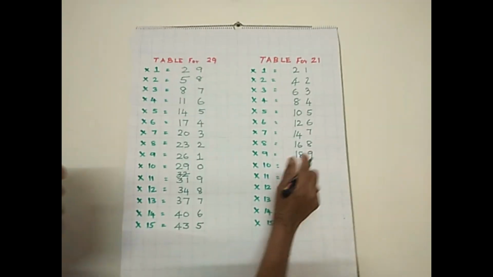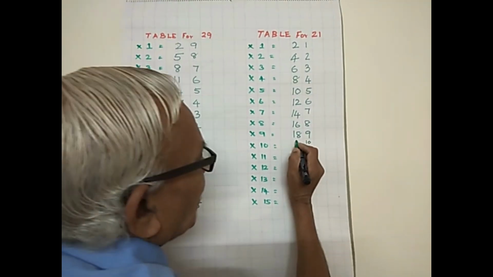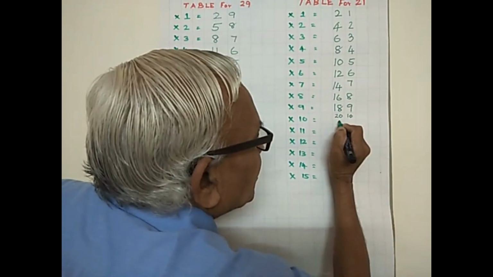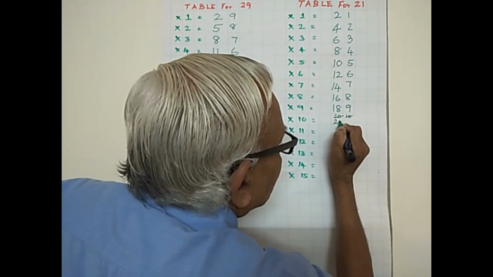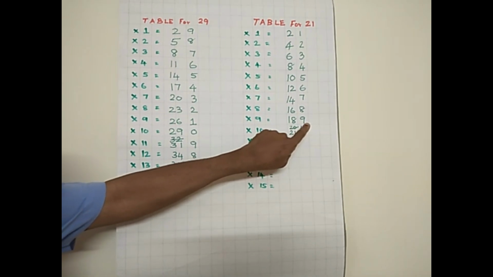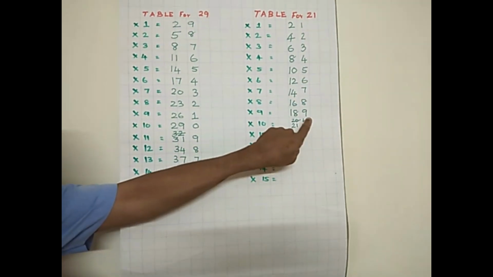Now after 9 it is going to be 10. And after 18, if I add 2, it is going to be 20. Now adding this 1 here, this becomes 21 and 0. Is that clear now? So for number 10, I have added 1 here and I have added 2 here, so it becomes 2, 1, 0.